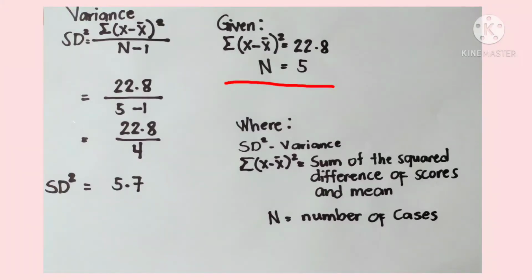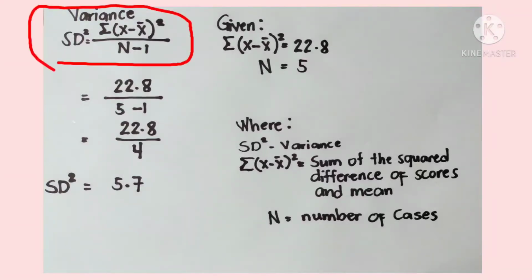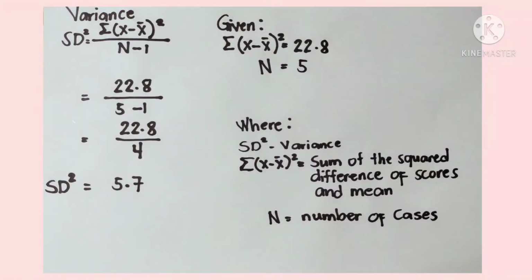So now let's start to compute our variance. With the use of this formula, SD squared is equal to the summation of the square difference of scores and mean divided by n minus 1. Our summation of x minus x bar squared is 22.8, and our n is 5.